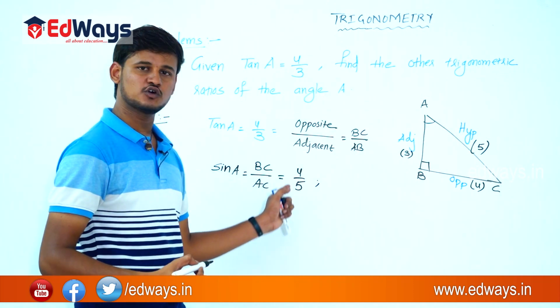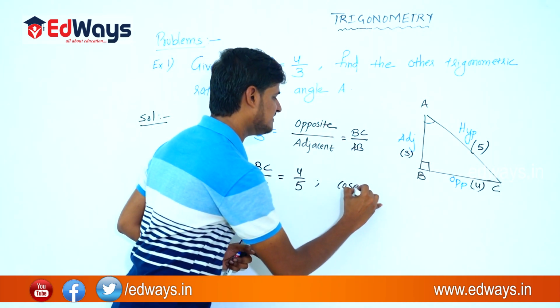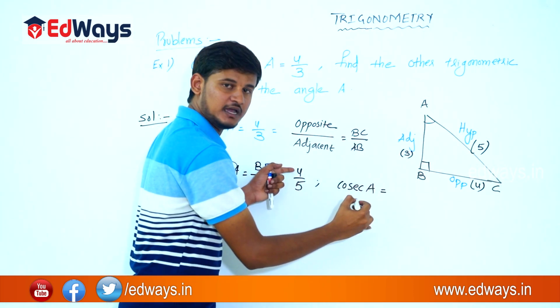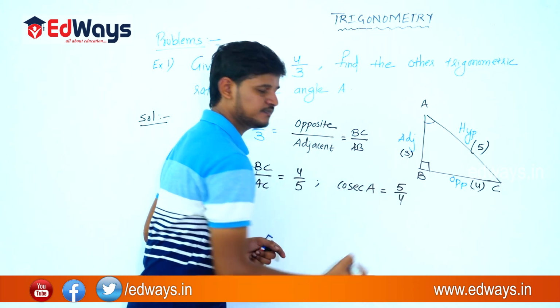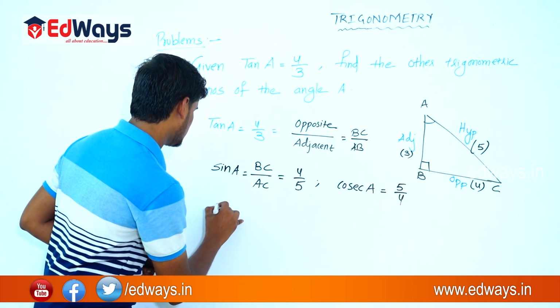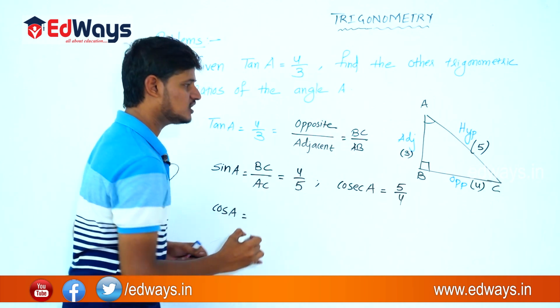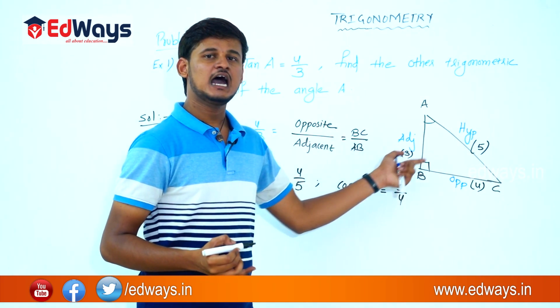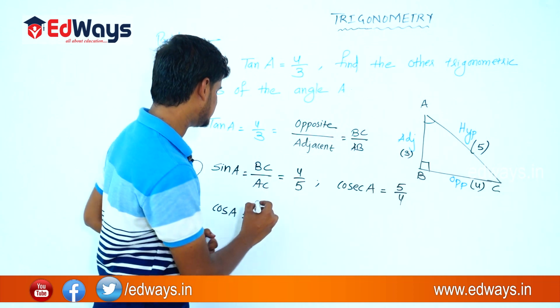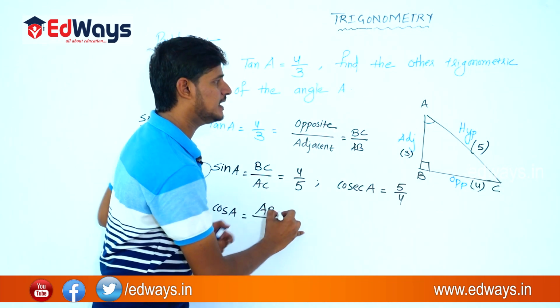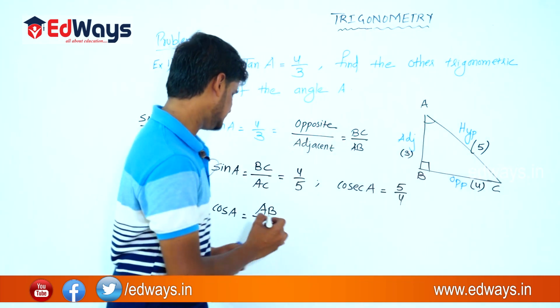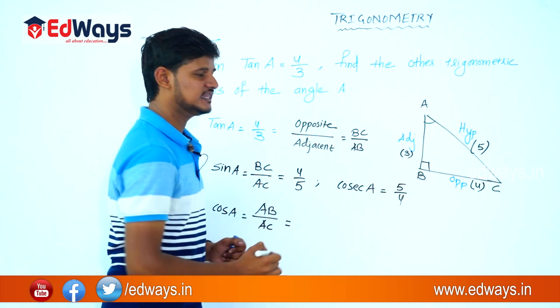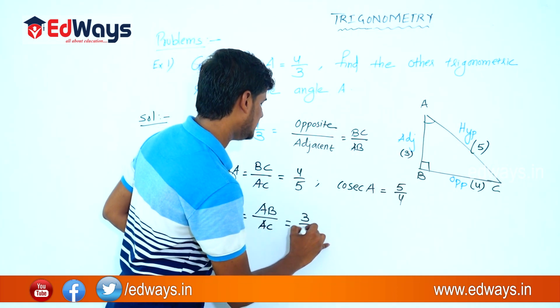So if sine A is 4 by 5, cosecant A will be equal to 5 by 4, just the reciprocal of that. Yes, then cos A is equal to, what is the cos A formula? Adjacent by hypotenuse. So what is the adjacent in this triangle? AB by hypotenuse, that is AC. AB by AC, that is equal to 3 by 5.